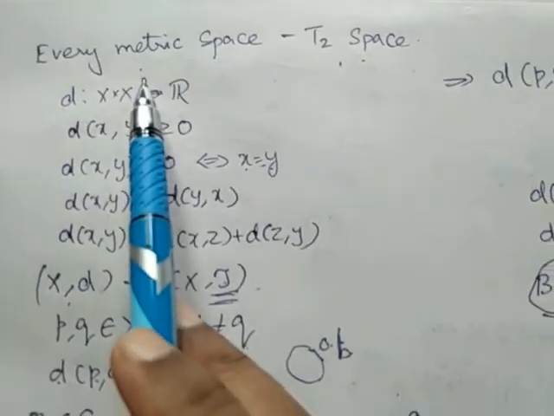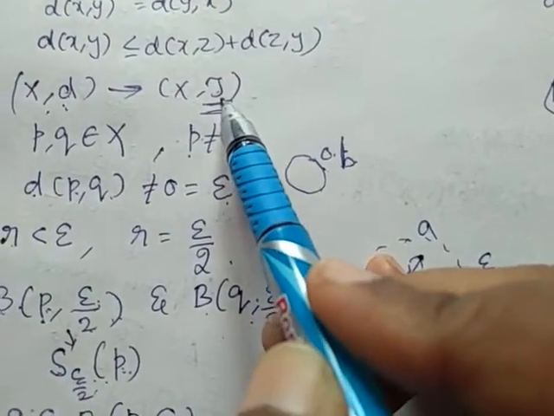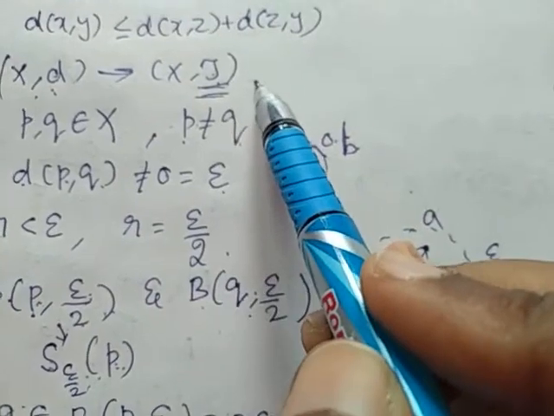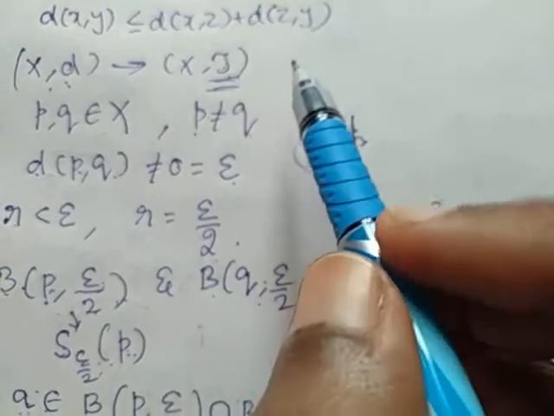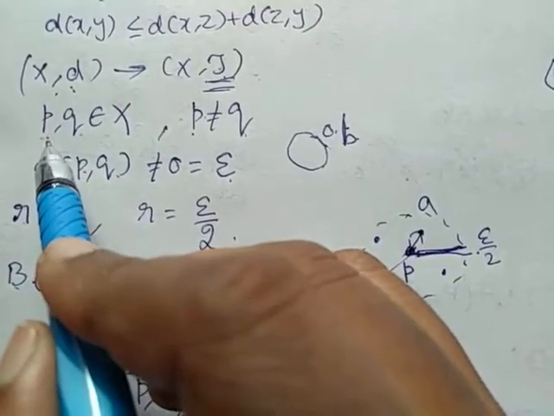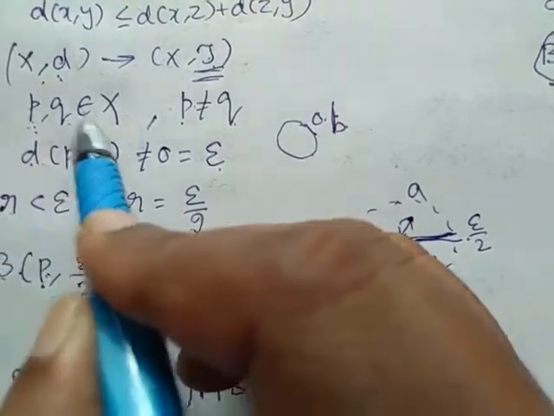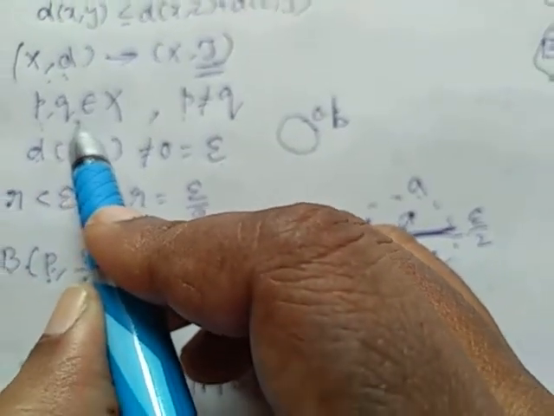I repeat, we are going to prove every metric space is a T2 space. So I am considering a metric space defined by the topology tau. To prove it is a T2 space, we have to consider two distinct points. So I am considering two distinct points P and Q. We have to prove P belongs to one open sphere, Q belongs to another open set, and the intersection of those two sets should be null.